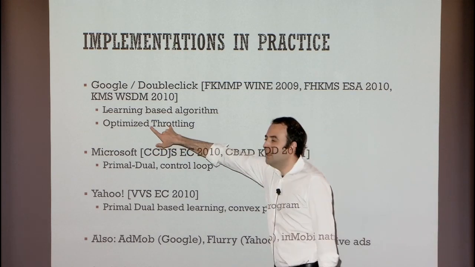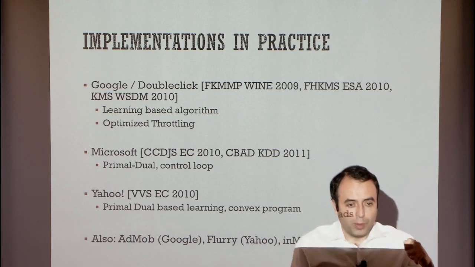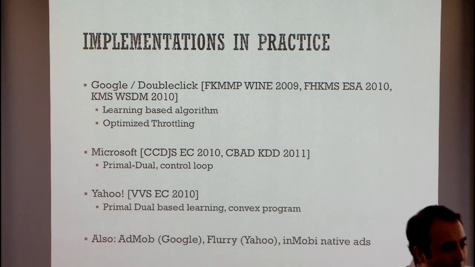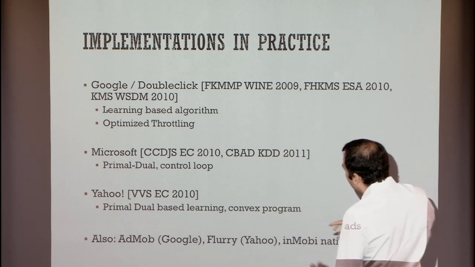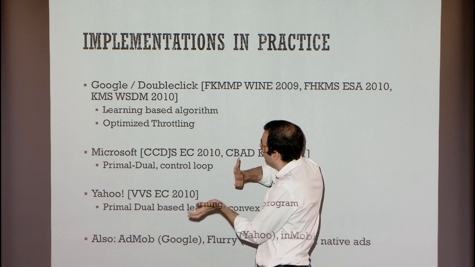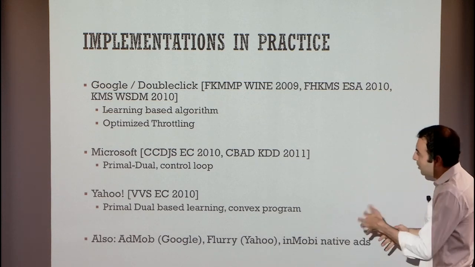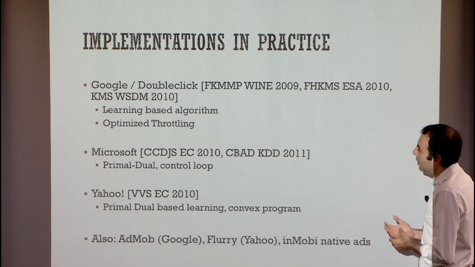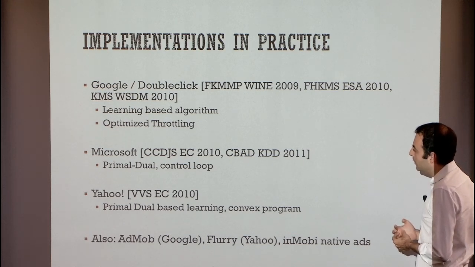They also have this idea called optimized throttling. Throttling is for the advertisers who are using their budget too quickly. What they do is optimize between a variety of parameters to slow down the rate at which an advertiser is using his budget.